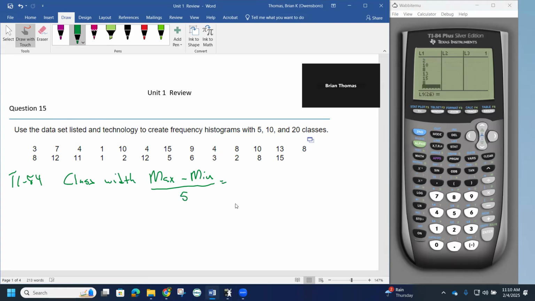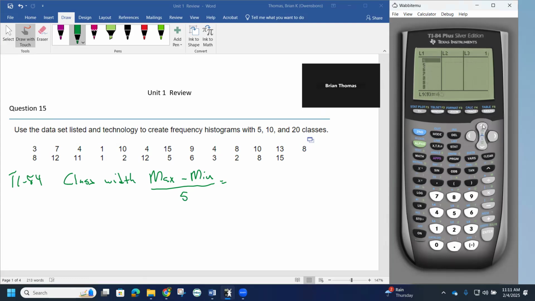If you can identify the max and min just by looking at it, we're there. But remember, you can also hit stat, do number 2, sort, L1, hit enter. Now if you go back to stat, edit, your list would have the minimum value first, and the maximum value would be 15.